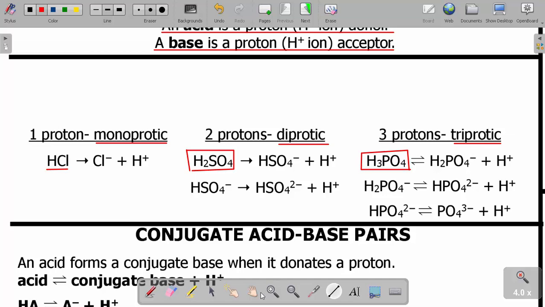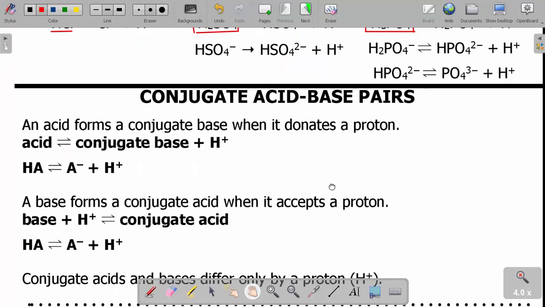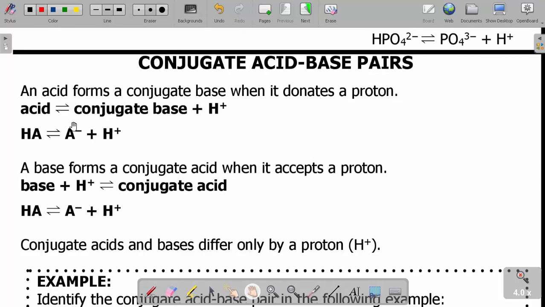Okay, another term is to do with conjugate acid-base pairs. An acid forms a conjugate base when it donates a proton. So please, learners, note that whenever we have an acid, after donating a proton, what is left is called a conjugate base. That is to say, HA stands for the acid.